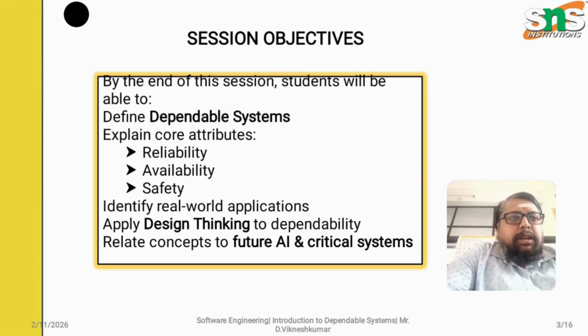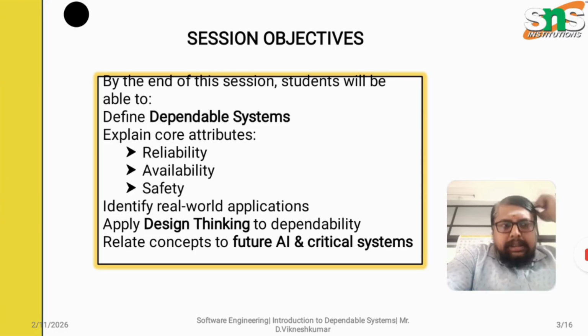Next, the session objective. At the end, we are going to know what is meant by a dependable system. We are going to explain the core attributes such as reliability, maintainability, availability, and safety. Next, we are going to identify real-world applications, apply design thinking to dependability, and relate the concepts to future AI and critical systems.